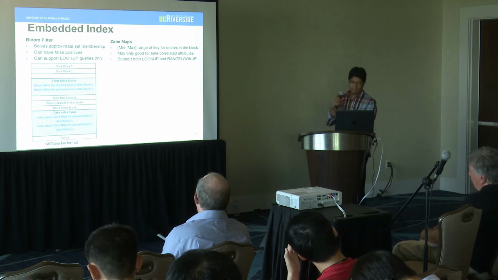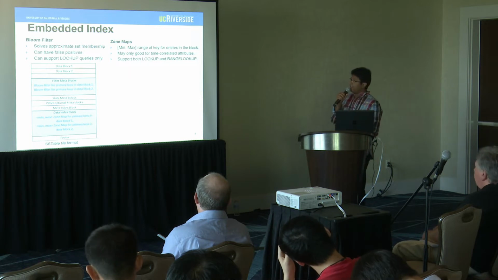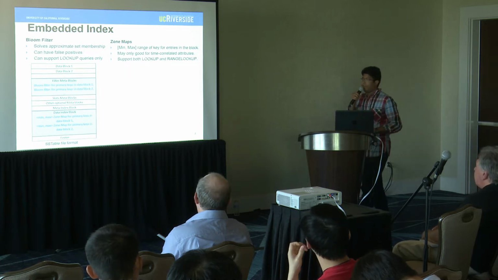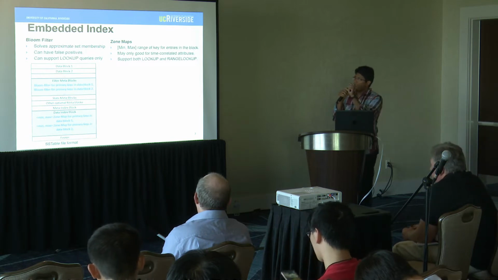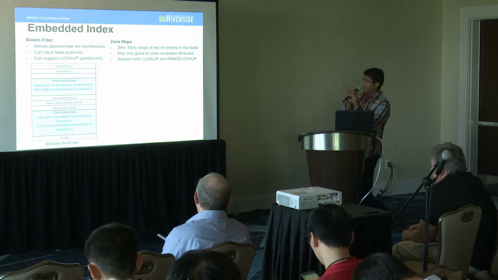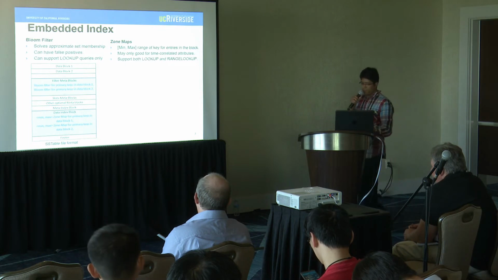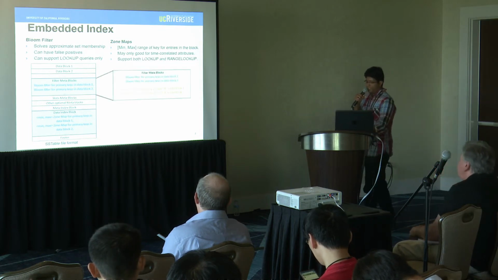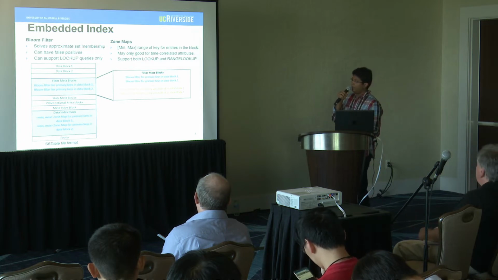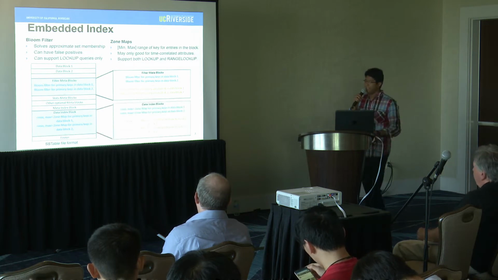For example, this is the SS table file format, where we can see that it is divided into fixed size data blocks, and at the end we have Bloom filters and zone maps for primary keys. Here you can see that we just extended these blocks for the secondary attribute.